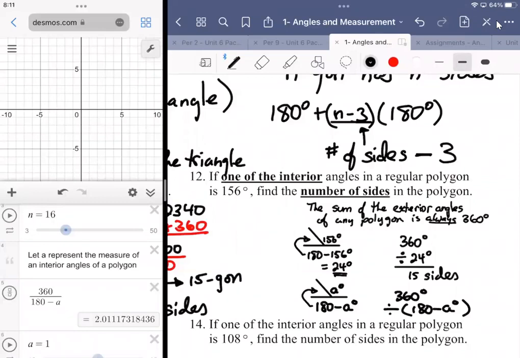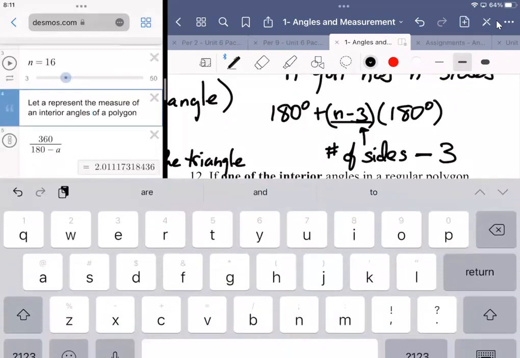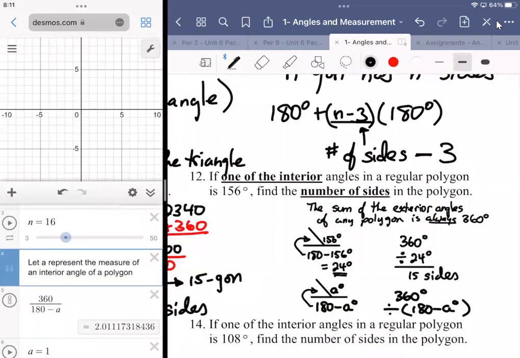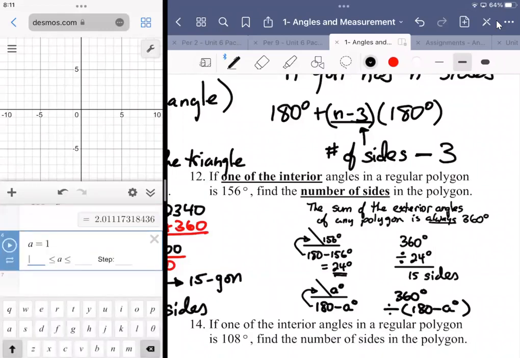All right. So the measure of an interior angle. Now we think about what an angle could be in a triangle. Well, it could never be negative, so we'll start with that.